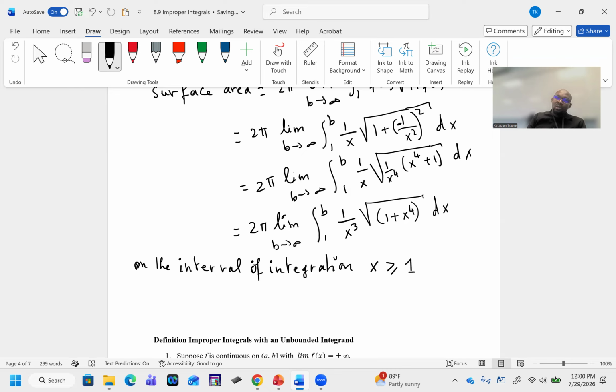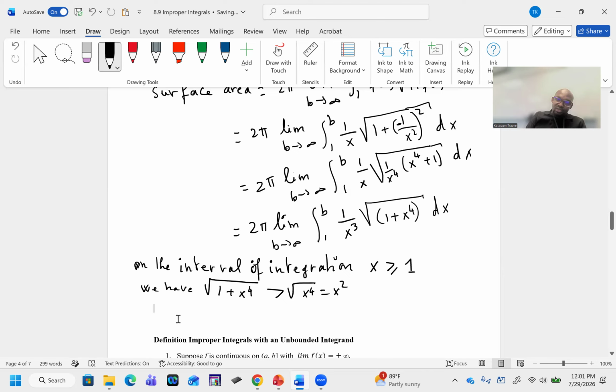If you look at the term under the square root, we know the square root of 1 plus x to the power of 4 is greater than the square root of x to the power of 4. That's true, right? And the square root of x to the power of 4 is x squared.